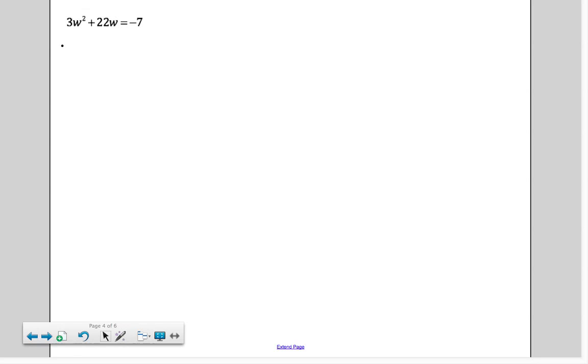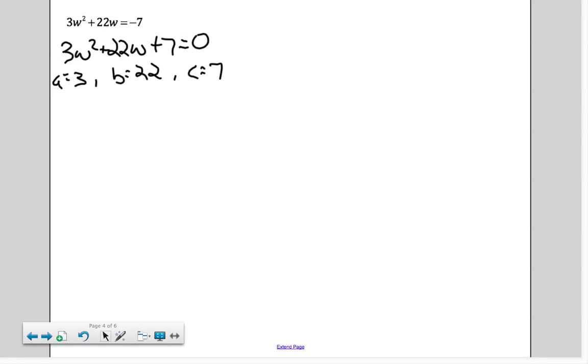So we had 3w squared plus 22w plus 7 is equal to 0. So here a is equal to 3, b is equal to 22, c is equal to 7.